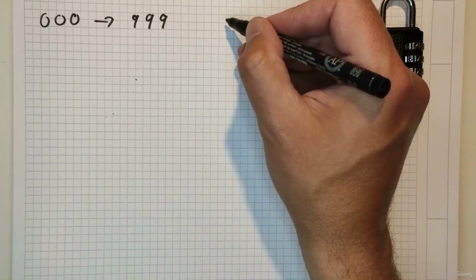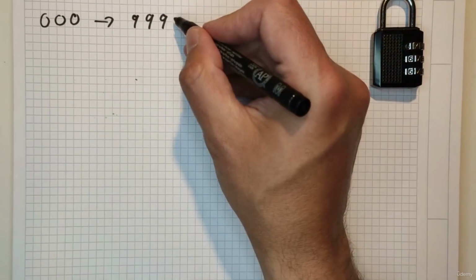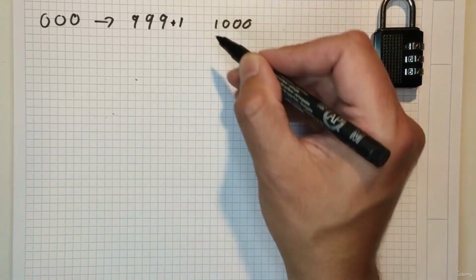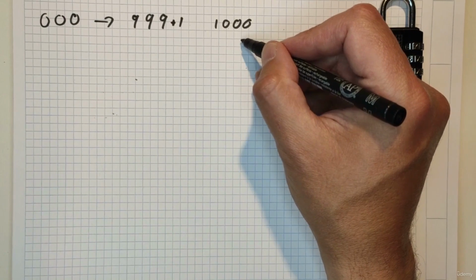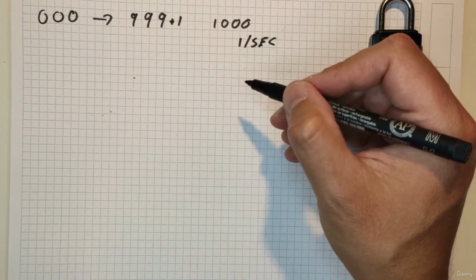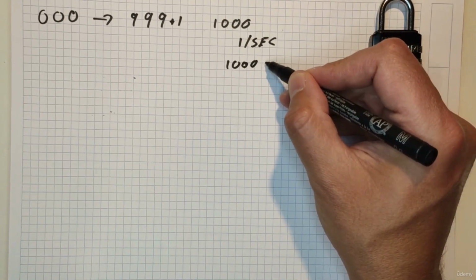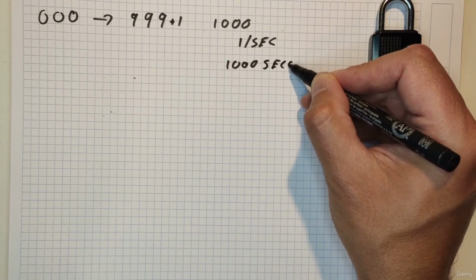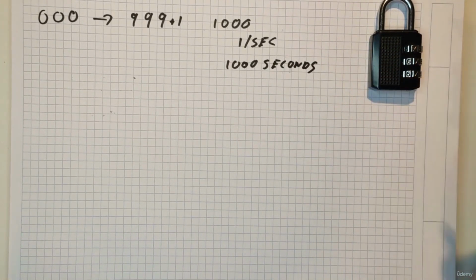This means that we have gone through 1000 different combinations, which is the 0, 0, 0 plus the 9, 9, 9, so 999 plus 1. If we do 1 combination per second, this means that we are going to take more or less around 1000 seconds to complete all the combinations to guarantee that we can open this padlock.